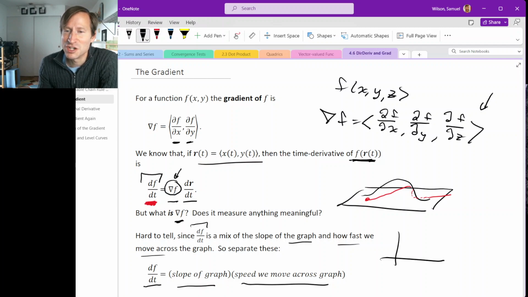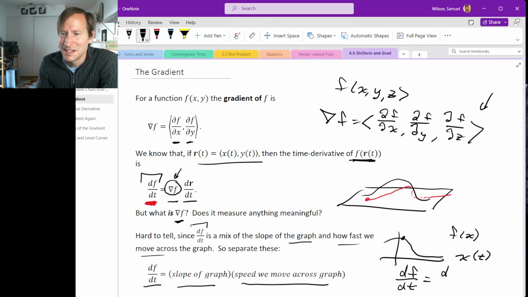So imagine a single variable situation, where we have a function of a single variable, and our position is some function of time. In this situation, the chain rule says df dt is going to be df dx times dx dt. That's just the single variable chain rule. And dx dt is just telling you how fast you move sideways, and df dx is really the slope of the graph that you're walking across.